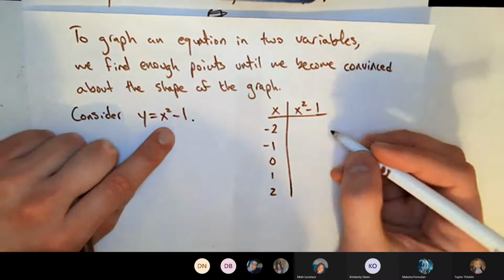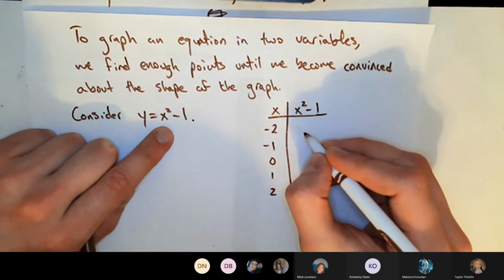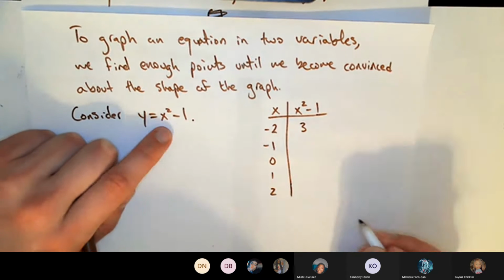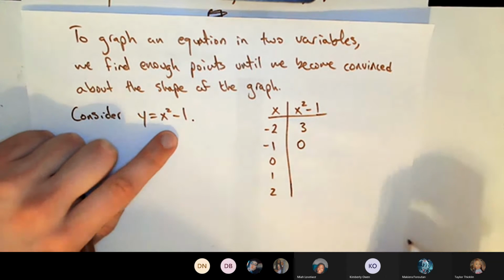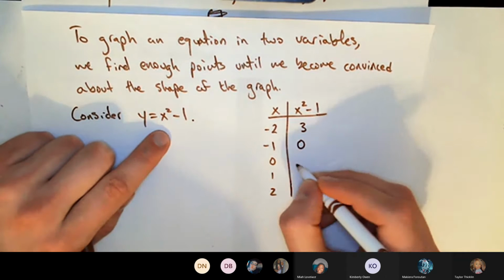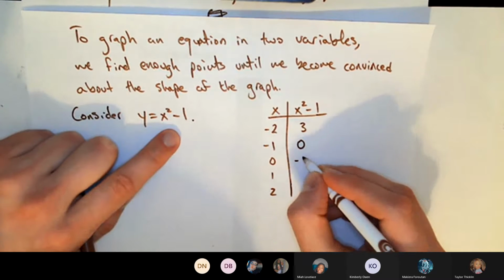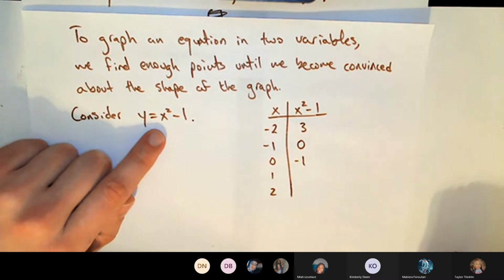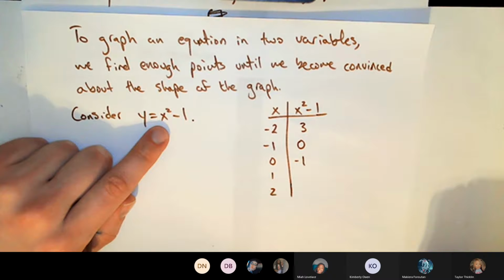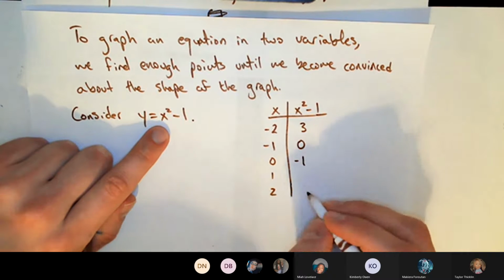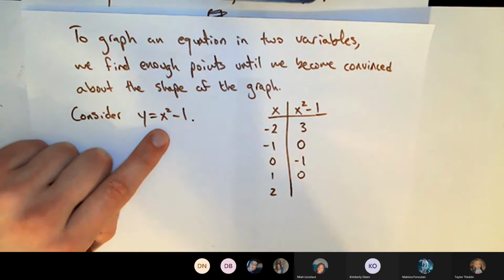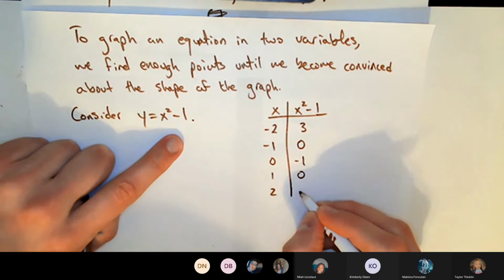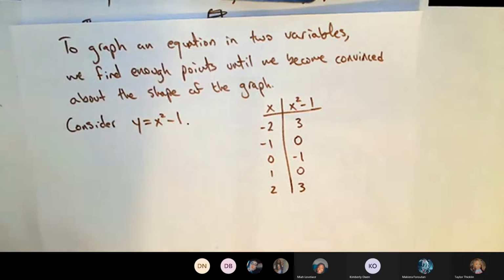So -2 squared is 4, minus 1 gives me a 3. -1 squared is 1, minus 1 gives me a 0. 0 squared minus 1 is -1. 1 squared minus 1 is 1 minus 1, which is 0. And 2 squared minus 1 is 4 minus 1, which is 3.